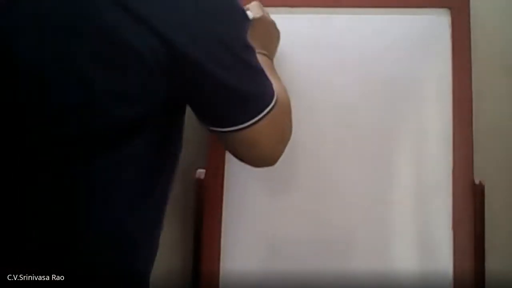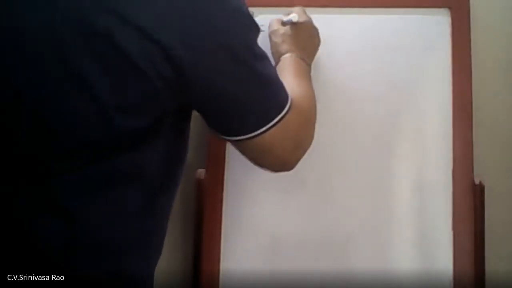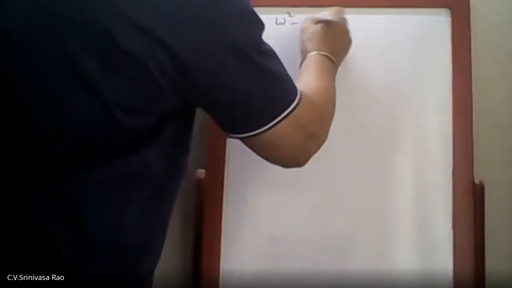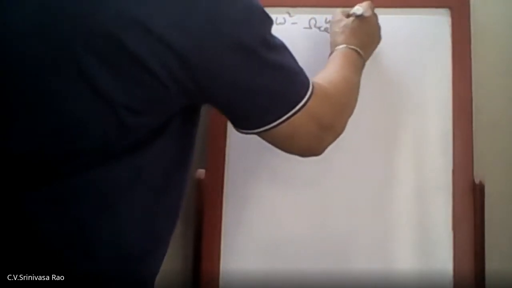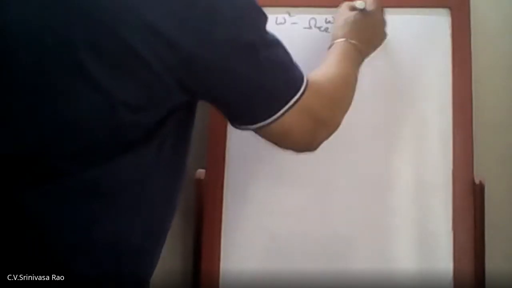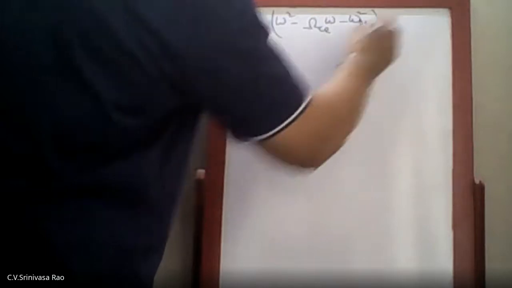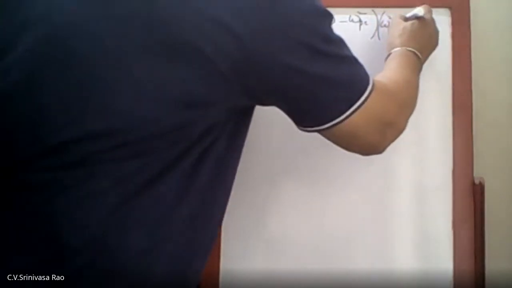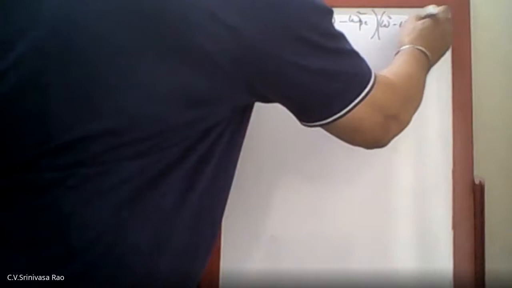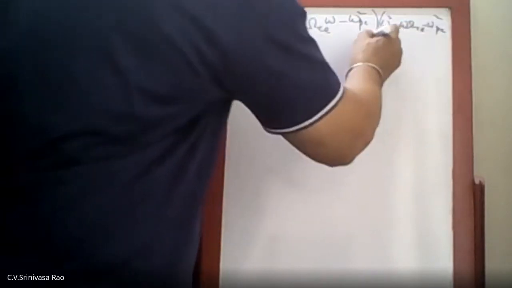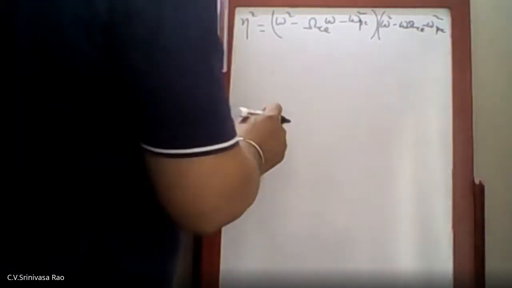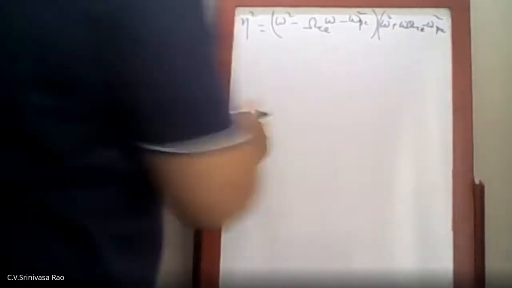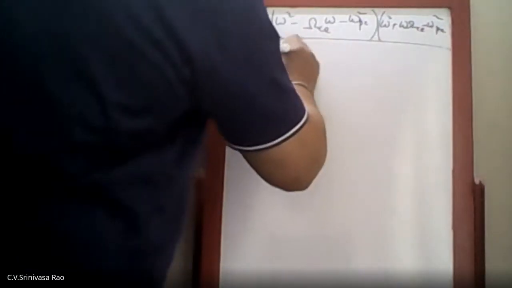So in this equation now we'll put back all the factors and we'll see that theta square is omega square minus omega CE omega minus omega p square, and then you have another term, which is omega square minus omega CE minus omega p square, this whole thing divided by omega squared.